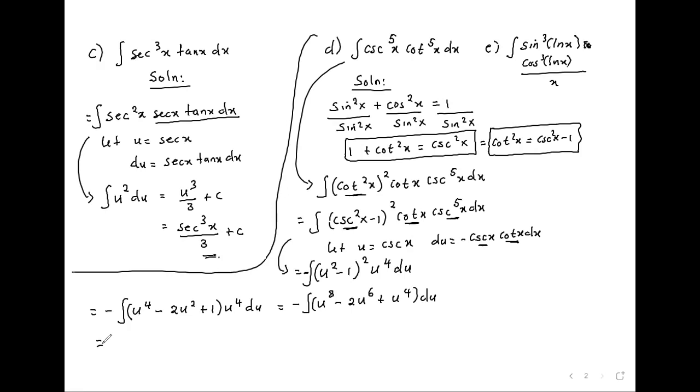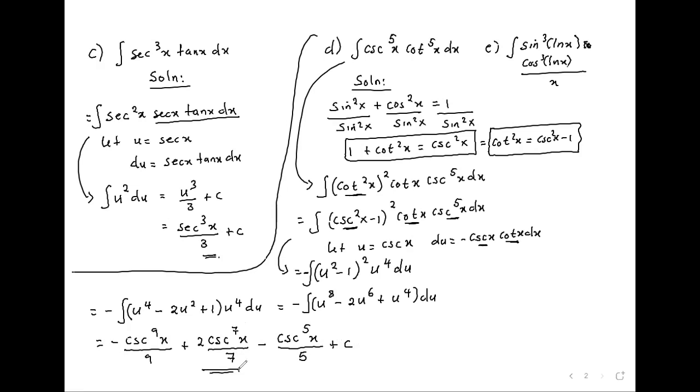U is cosec. So we have negative cosec^9 x over 9 plus 2 cosec^7 x over 7 minus cosec^5 x over 5 plus c.